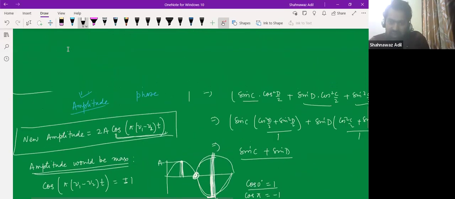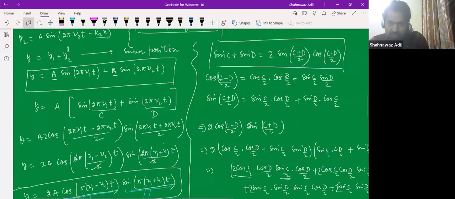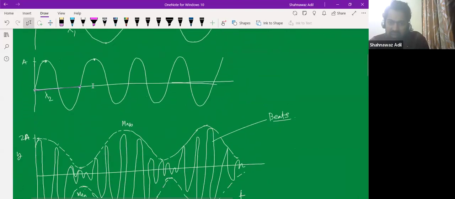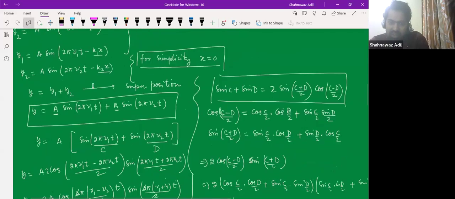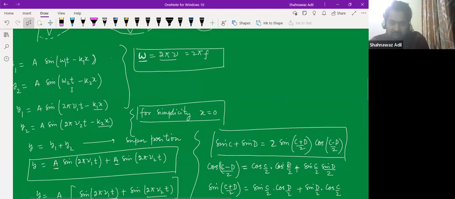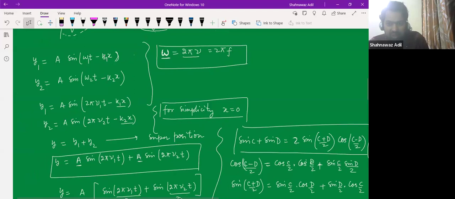Look at this thing, right? This one had the same propagation direction, omega1 t minus k1 x, positive x direction, omega2 t minus k2 x, positive direction. Both had positive x direction, same direction, right? Yes, sir.